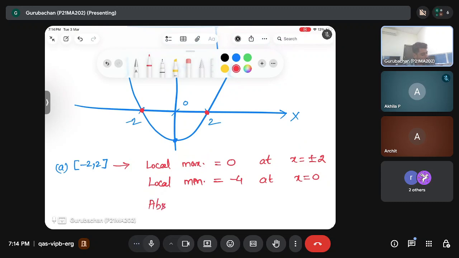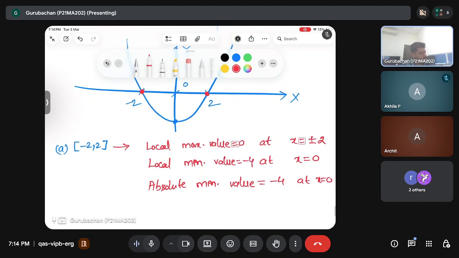And what is absolute minima? Sir, -4. See, it is the absolute minimum value, that is minus 4, and that is attained at 0. Yes, sir. Maxima and minima, we are talking about the point.